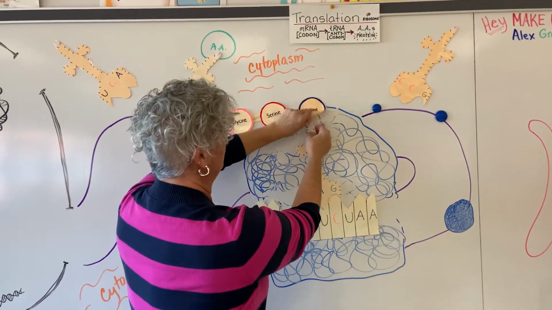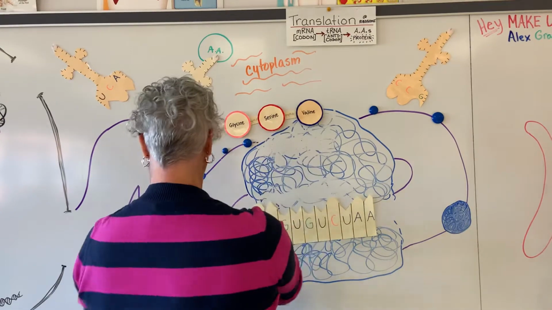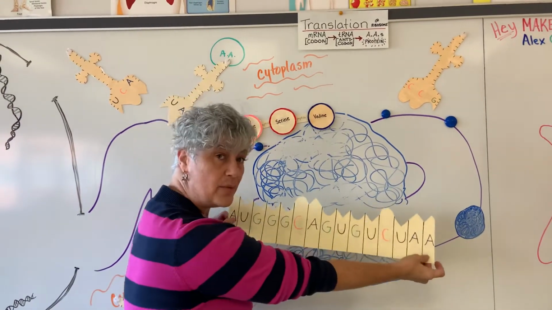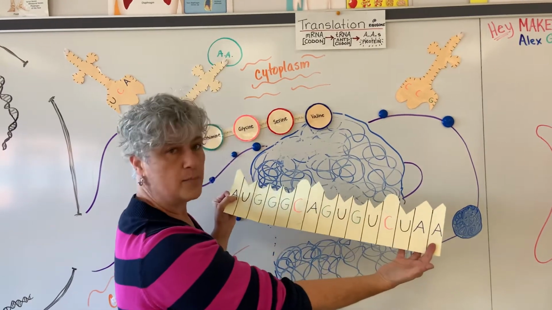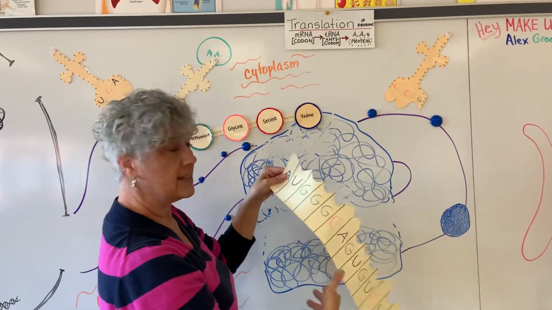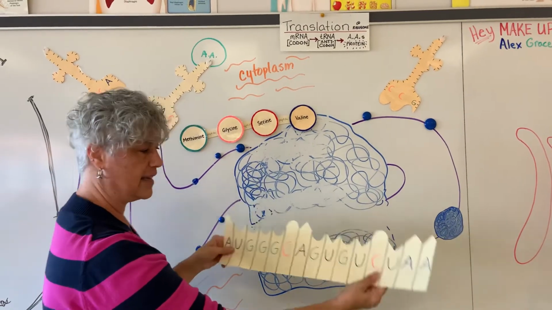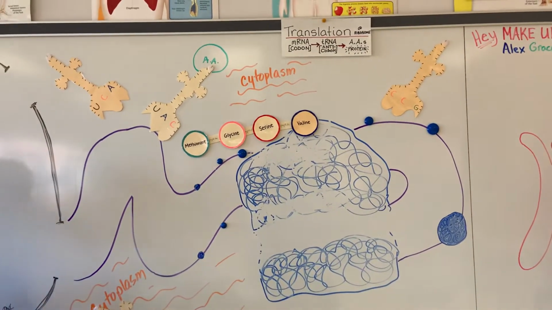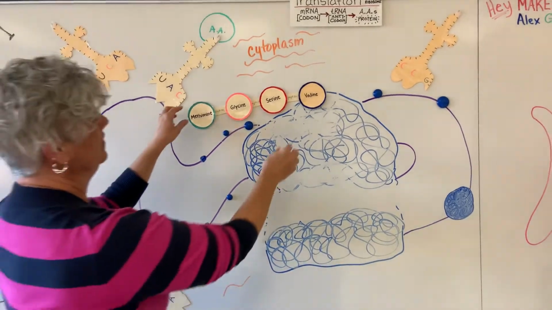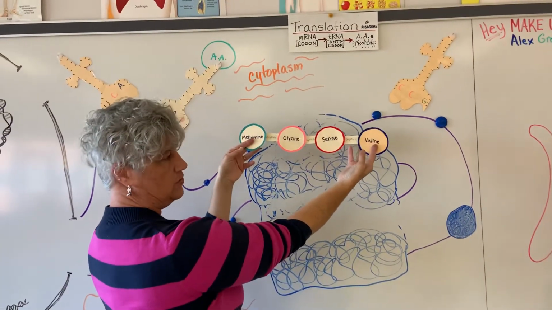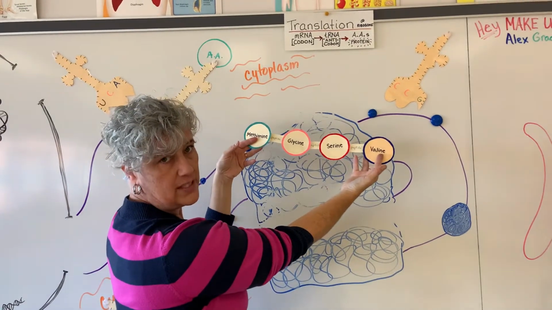So our last tRNA leaves. The messenger RNA has been used. This is really just disposable. So this will all get lysed up, get chopped up into individual nucleotides that can be recycled and used another time. So now we have our series of amino acids, which makes a polypeptide or a protein.